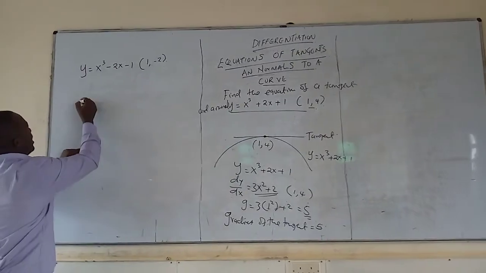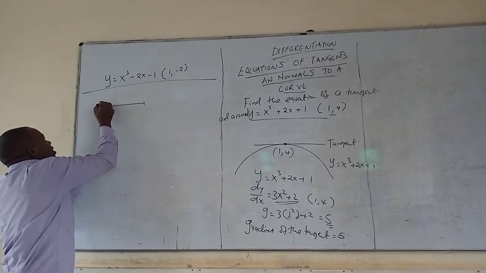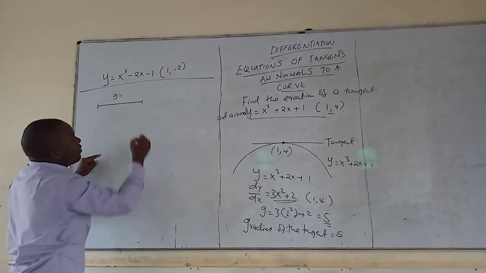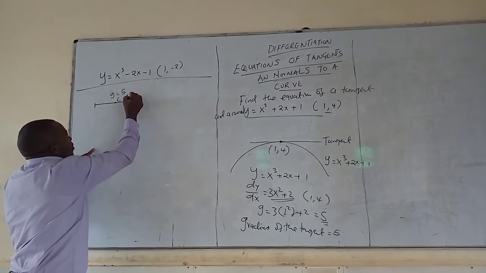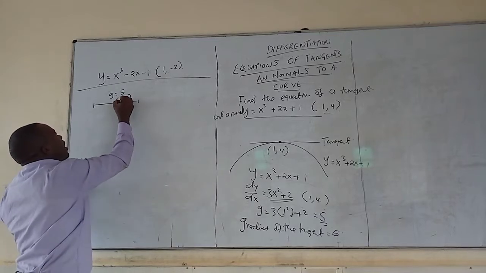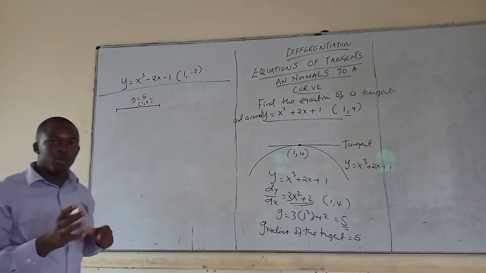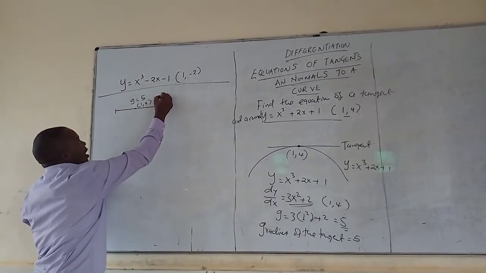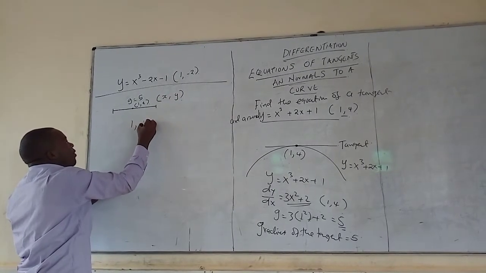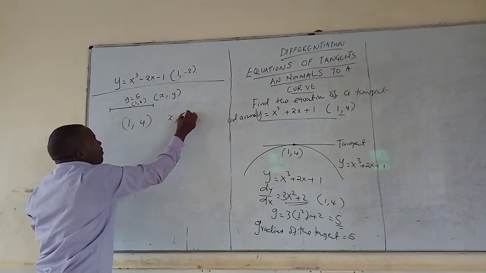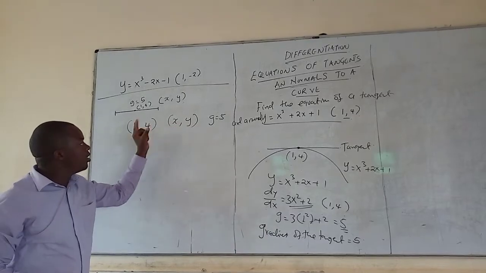So if I may draw that line, if this is the line, that is the tangent, the gradient of this tangent is 5, and one of the coordinates of that tangent is (1, 4). So we want to use this gradient and this coordinate to get the equation of that tangent. You remember, we take another point which is (x, y). So we write the coordinates (1, 4), (x, y), and then the gradient is 5. Remember how we get the gradient using the 2 points.